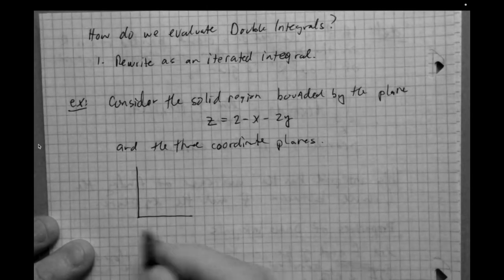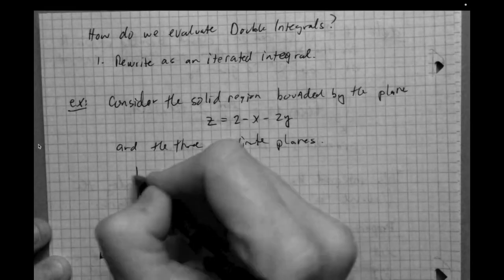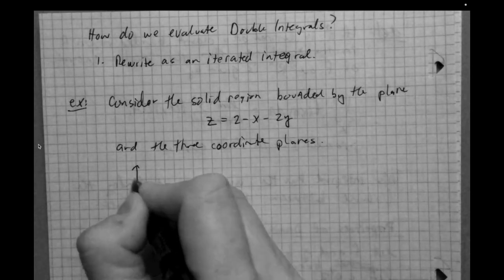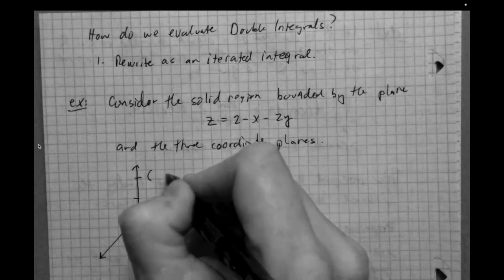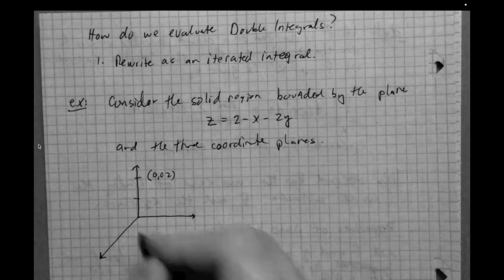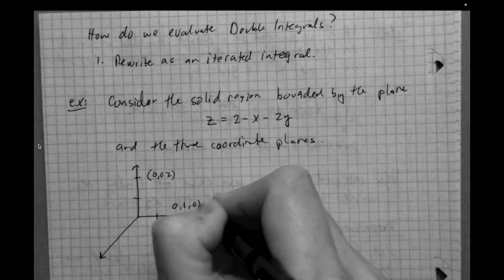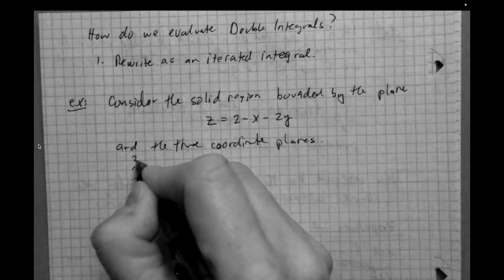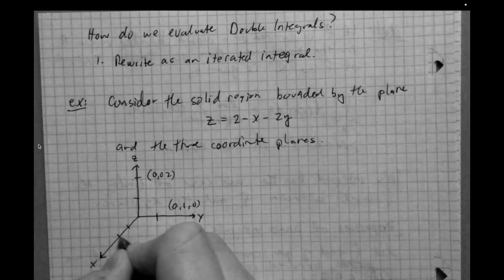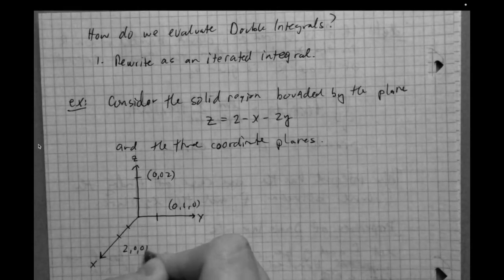This is a relatively easy example to think through. Up here we're going to have the point 0, 0, 2 on the z-axis. Over here we're going to have the point 0, 1, 0 on the y-axis. And then on the x-axis we're going to have the point 2, 0, 0.